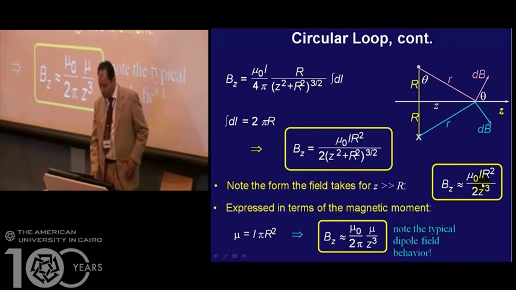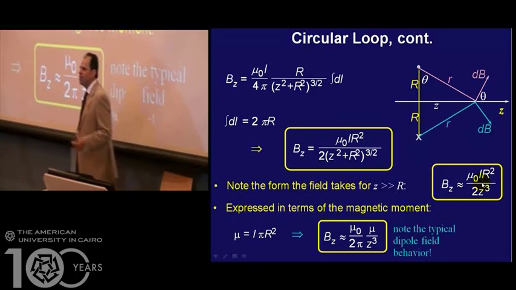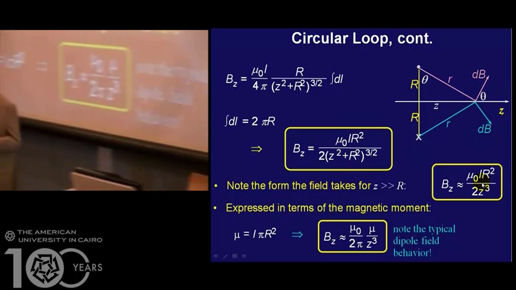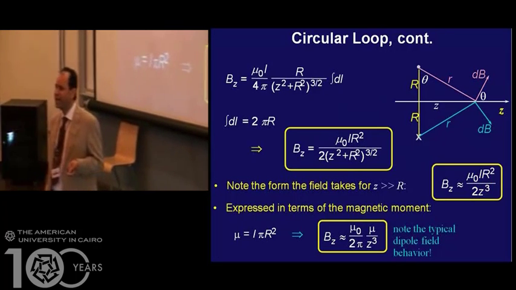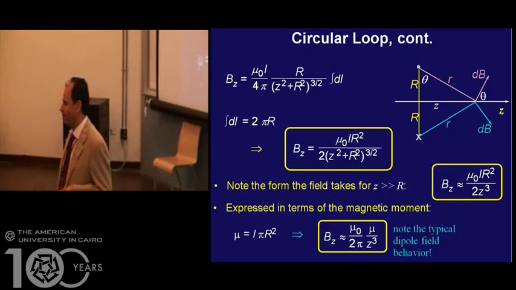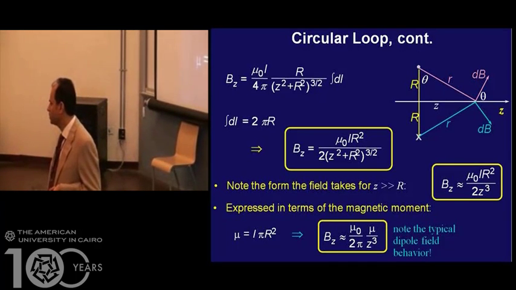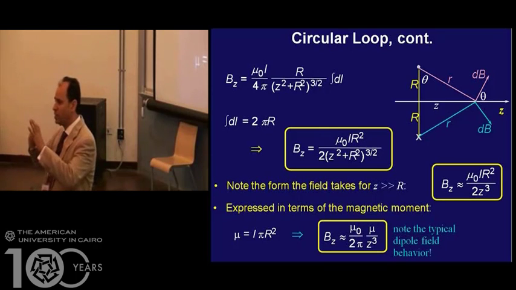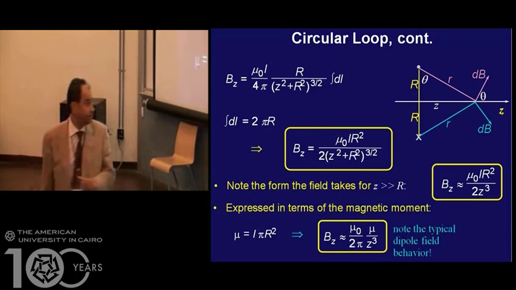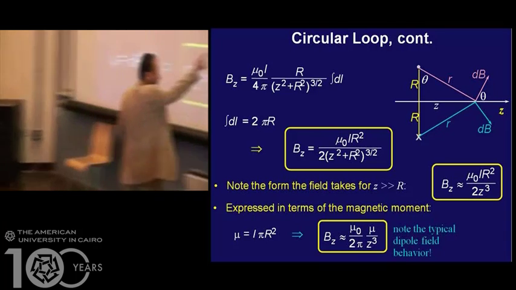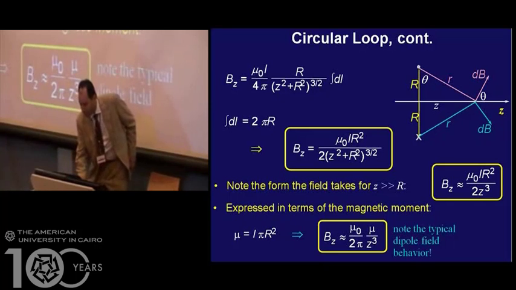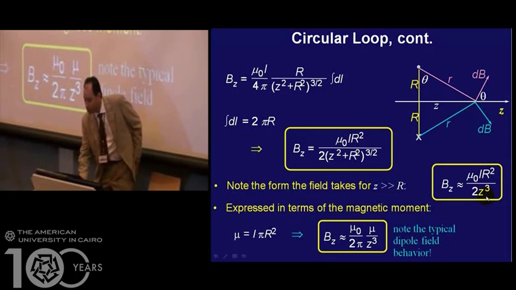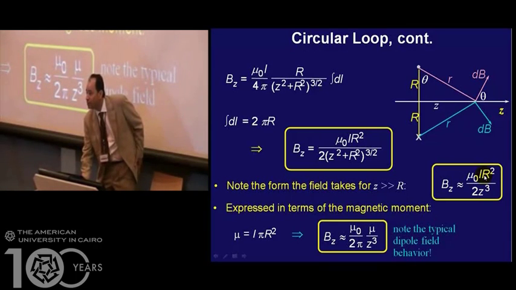So I'm going to call this, remember, we had a quantity in chapter 29 that we called magnetic dipole moment. And that was the current times the area. In that case, it's going to be the current times pi R squared. So if you multiply and divide by pi, you can call that I times pi R squared the magnetic dipole moment.